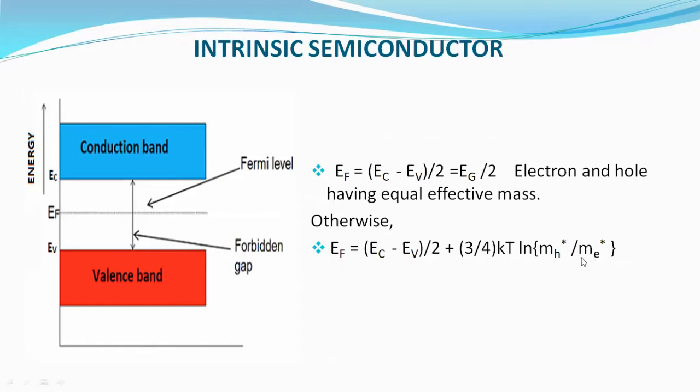If it is not equal, then this Fermi level will get shifted slightly upward, that means towards conduction band, due to this value.